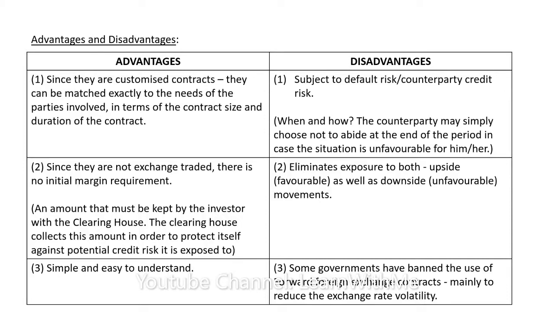The clearing house demands this amount in order to protect itself against any kind of credit risk. So this is a brief understanding of what we mean by initial margin. So there's no such requirement, the reason being because there's no clearing house or exchange involved in case of a forward contract.